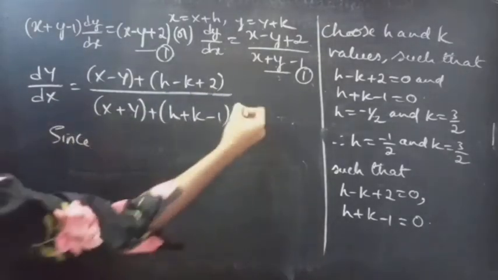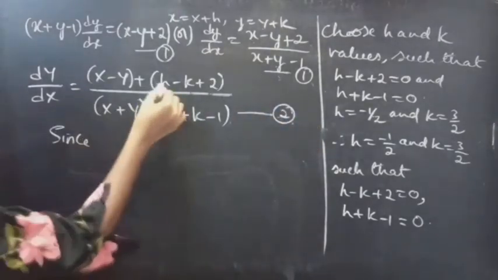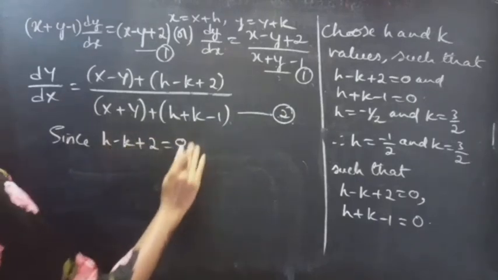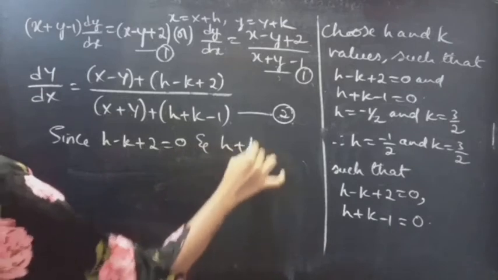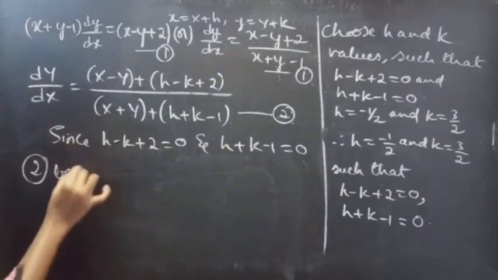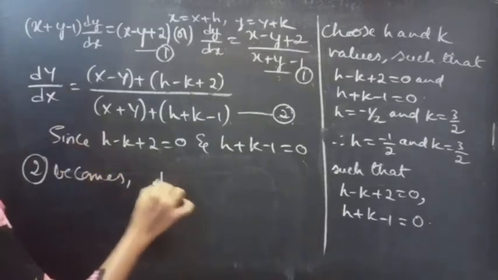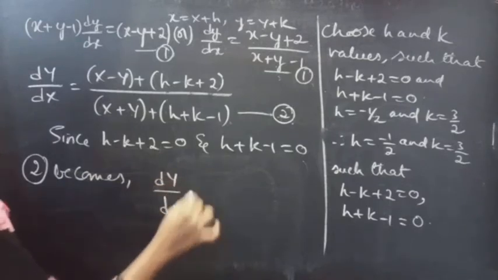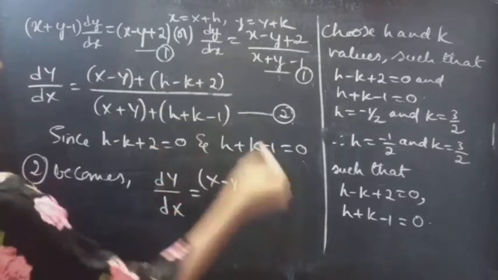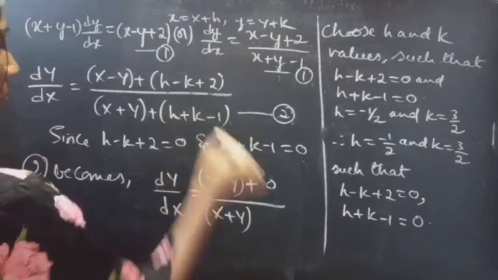since we can give the equation numbers, okay? I forgot to give. Since h minus k plus 2 equals 0 and h plus k minus 1 equals 0, then equation 2 becomes dy by dx equals x minus y plus 0 by x plus y plus 0.